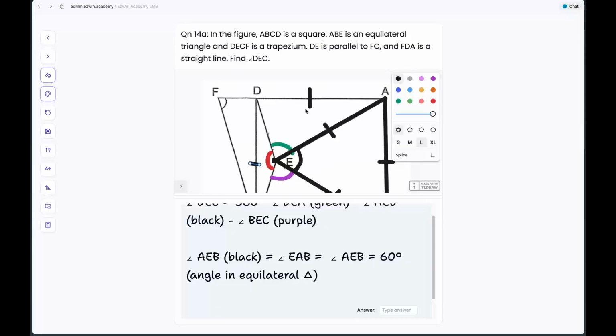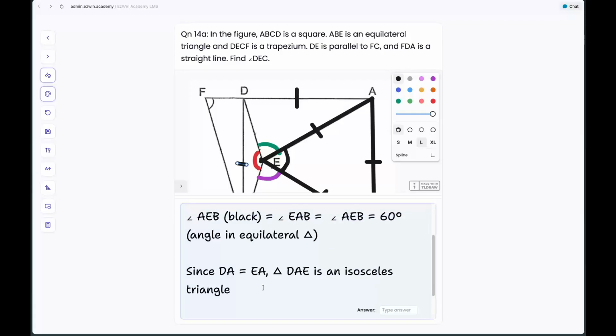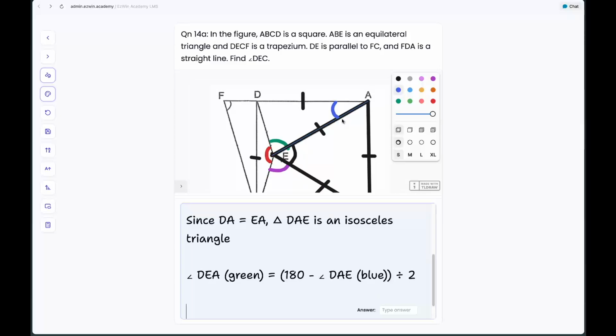And since DA is equal to EA, triangle DAE is an isosceles triangle, which makes angle DEA, which is in green, equal to 180 minus DAE, which is in blue over here. So how do we find DAE?